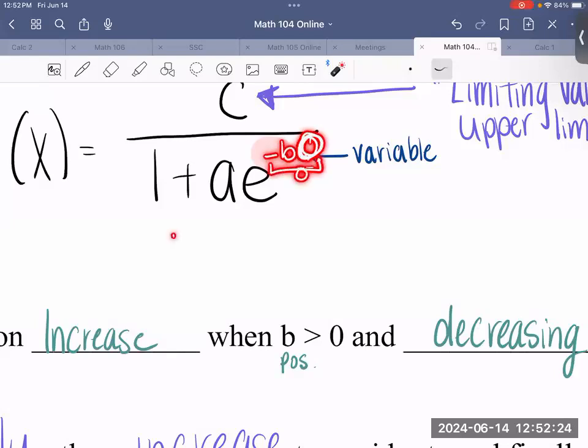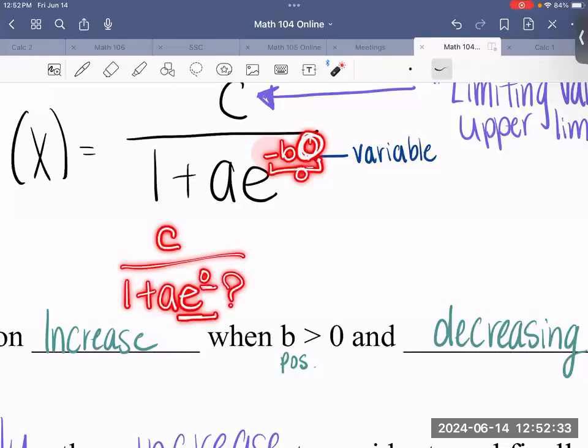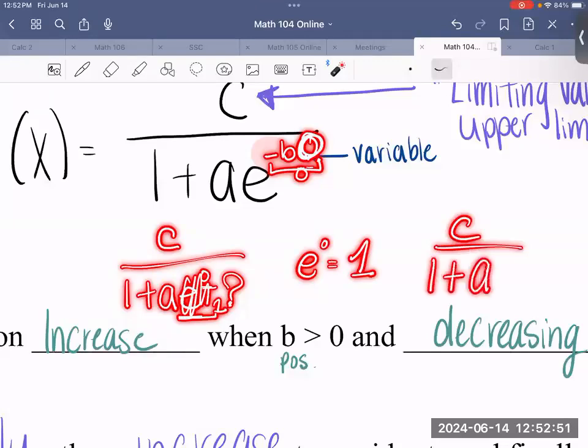So right now we have c over 1 plus a e to the 0. So then what is e to the 0? If you don't know what that is, go ahead and plug it into your calculator, pause the video and come back. Well, anything to the 0 power is not 0, but it is 1, which means this whole thing is just a 1. So we have c over 1 plus a times 1, which again, multiplication by 1 doesn't really matter.